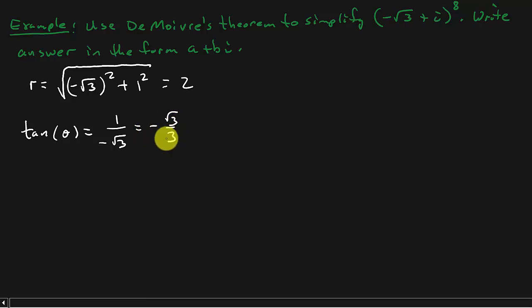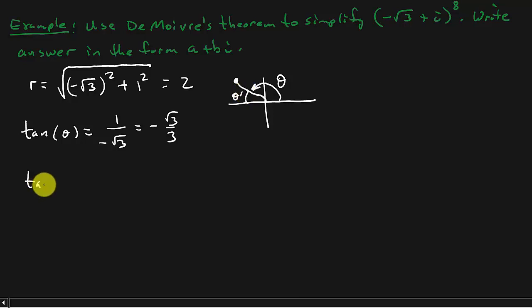All right, so we've got to find theta. Notice tangent theta is equal to a negative number, and once again I went over this a little better in the previous video. We've got to find the reference angle, don't we? We've got to plot this thing. So a is negative square root of 3, so I move to the left. b is 1, so I move up. Like I said in the last video, I'm not really worried about the exact location of the point. I'm more concerned about what quadrant it's in, and we can see it's in the second quadrant. And so this would be my reference angle, theta prime there.